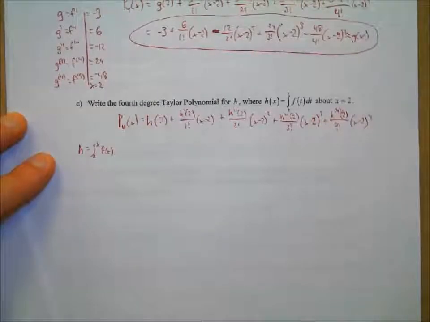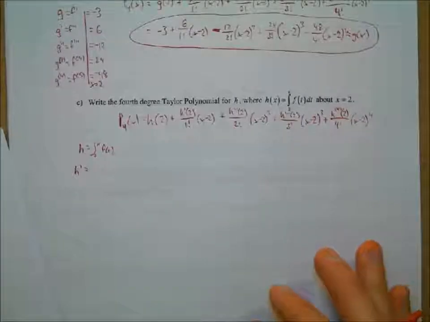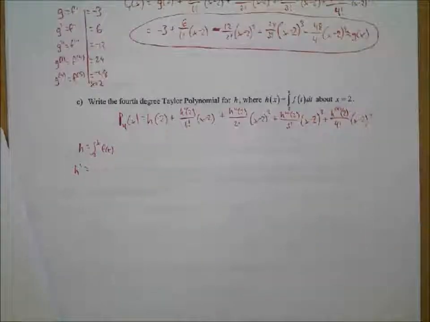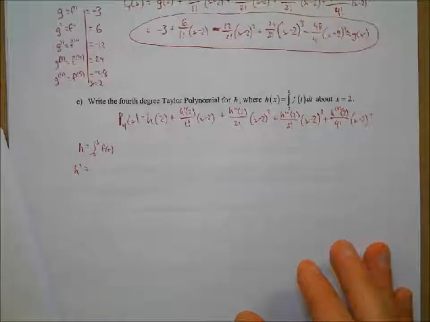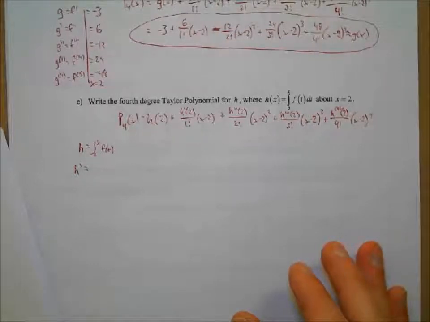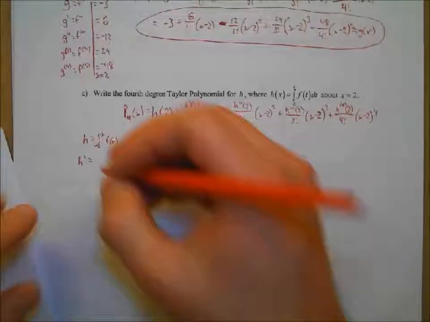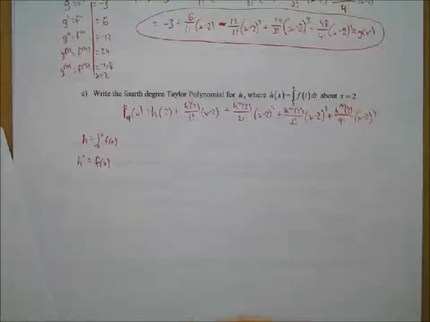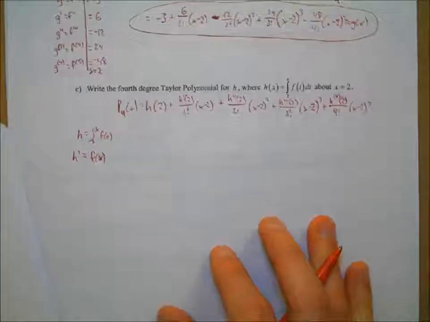H prime then is going to equal what? If h is equal to the integral from 2 to x of f of t, what will h prime be? F of t. Don't use t though, use f of x. But exactly right. What is that an application of? Second fundamental theorem of calculus.